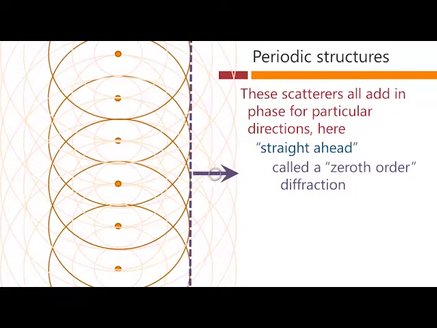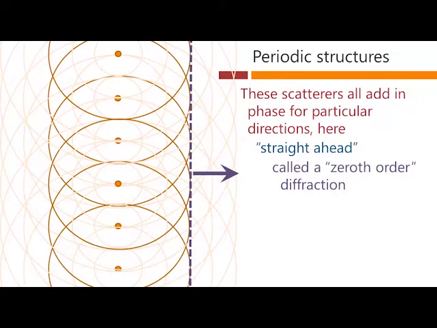In other words, in this direction, all of these different sources are giving waves that add up in phase. So as we shine light from the right, one of the things that will happen is we will see a wave going back in that direction, because all of these sources add up in phase to generate a phase front going back in that direction.